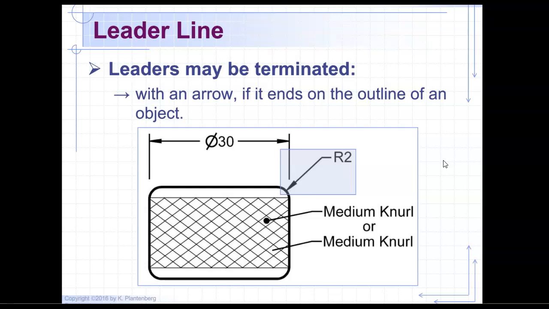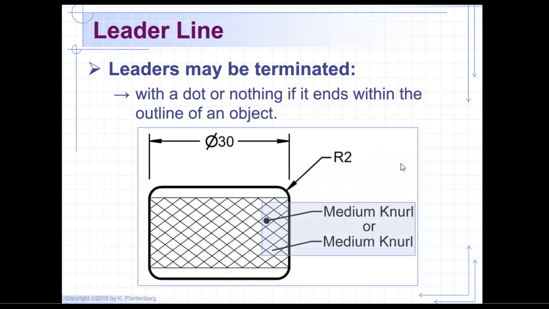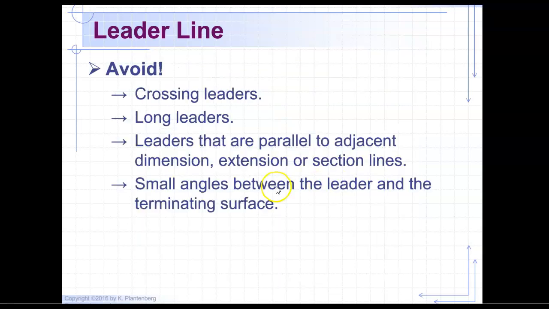So they may be terminated here, as it's saying. This is what I just went over: with the arrow, it might have a dot or nothing at all on it, and that's what they are referring to as a termination here. So you have the arrowhead termination, the dot termination, or just the line termination if it's pointing inside a feature that it's looking at.